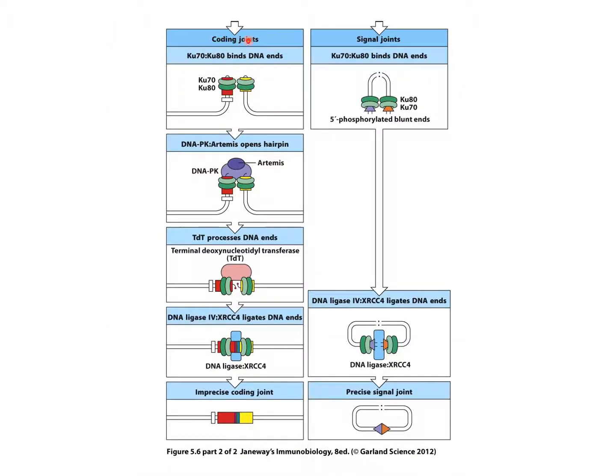So that here, the coding joints held by Ku70, Ku80, the other parts of our recombinase, DNA-PK, Artemis, are going to begin processing, and then you're going to see TdT and other enzymes fill in the double-strand breaks, so that you have VDJ.